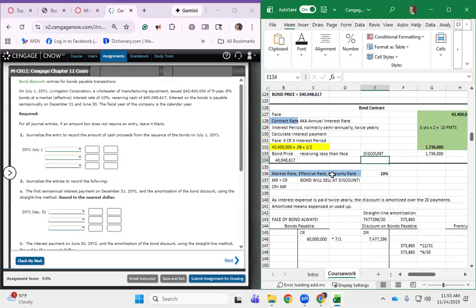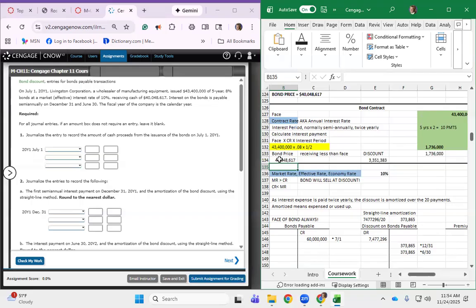Now, how much is that discount? Here's what I want you to calculate. I want you to take the face of your bond and subtract the bond price, so you actually know how much the discount is. You say, golly, that's a lot of work and we haven't even gotten started yet.